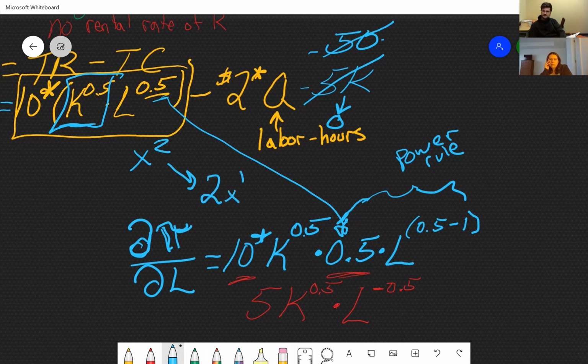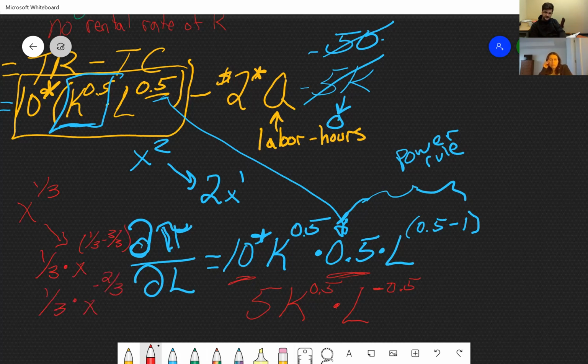In a similar manner, when we have x to the 1/3, the derivative of this is going to be 1/3 times x to the what? Again, this is going to go negative: 1/3 minus 3/3. So it's 1/3 times x to the negative 2/3.